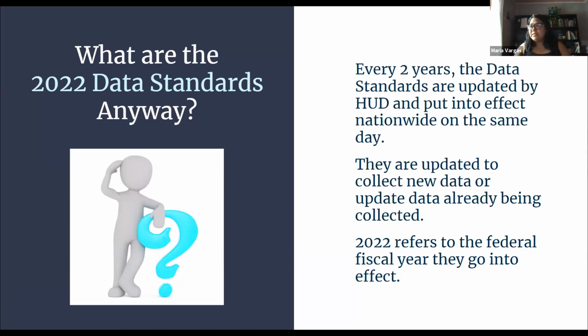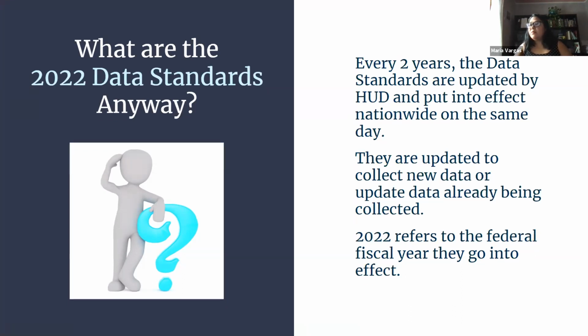They're updated to collect new data or to update data that's already being collected within the system. A lot of the things you'll see are either language changes, updates, or something brand new. The 2022 refers to the federal fiscal year that they go into effect. So when will they go into effect?